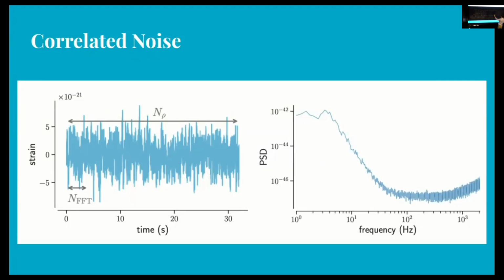Let's, without loss of generality, just assume that j is greater than i. Right? So this quantity is just telling you what the rows of the covariance matrix look like.